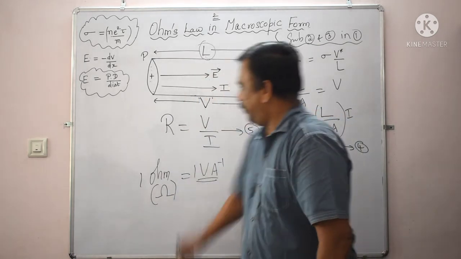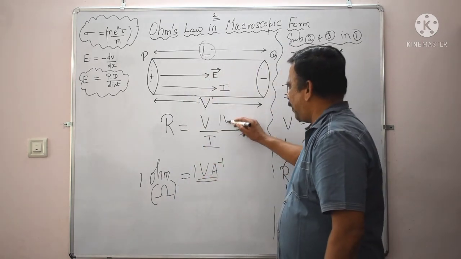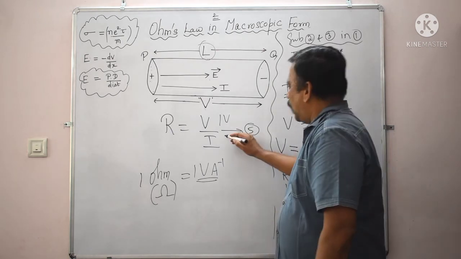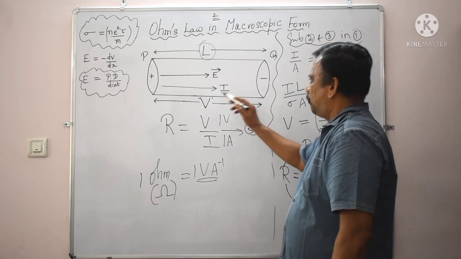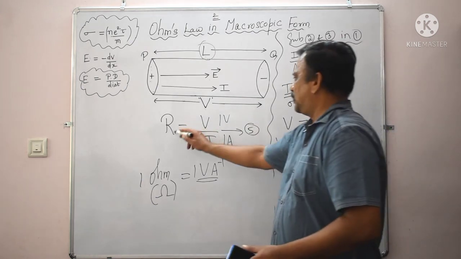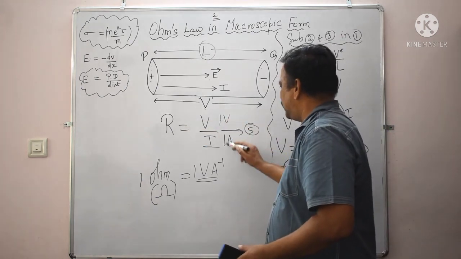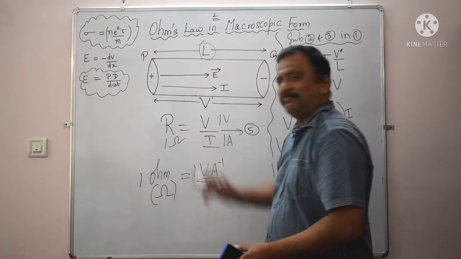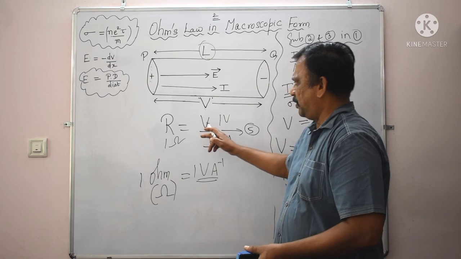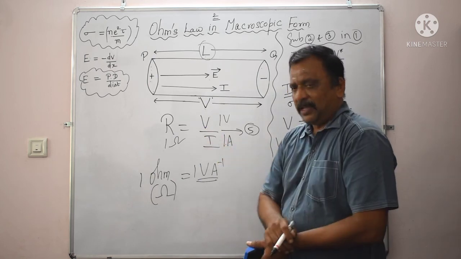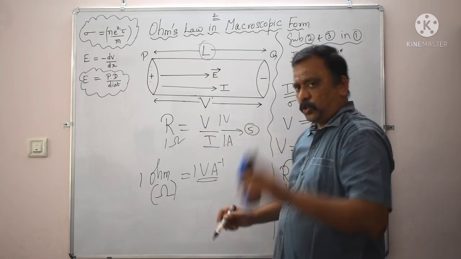Is it clear? So if a potential difference of 1 volt applied enables a current of 1 ampere to flow through a conductor, then the resistance of the conductor is said to be 1 divided by 1, which is 1 ohm. They may ask you to define 1 ohm. If they ask you to define 1 ohm, write the formula for resistance: R is equal to V by I. Now take all the values in the formula to be unity.